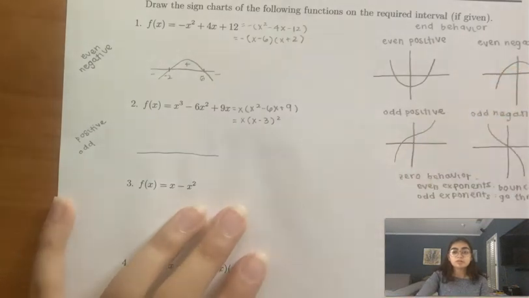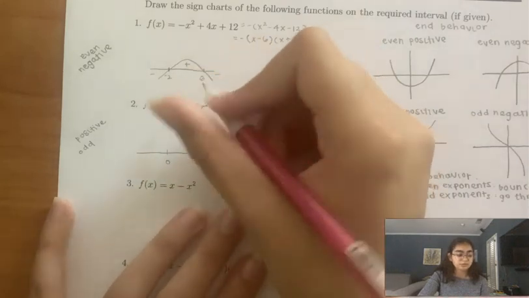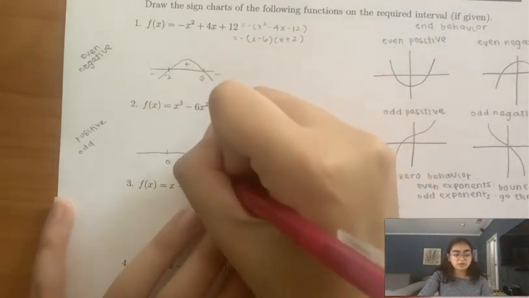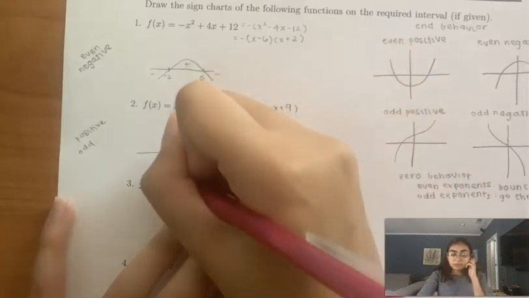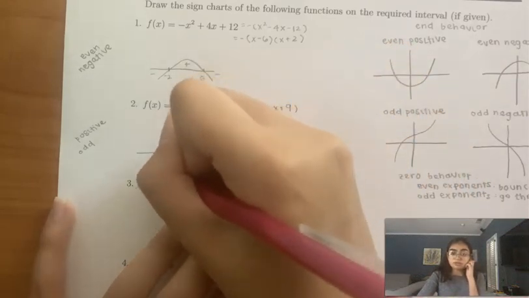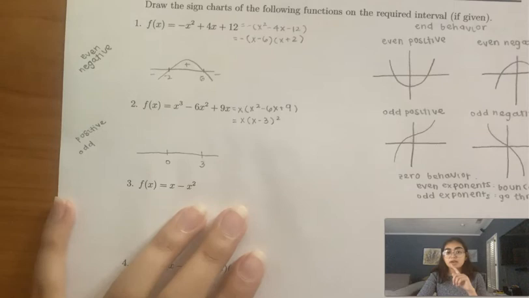So if we glance over, we can see what the end behavior is going to look like. It's going to start negative, and it's going to end positive. So we're going to write down our zeros on the number line first. And since the exponent of x is 1 and it's an odd number, the function is going to cross through at 0 and go to the positive side of the number line. And then it's going to come back down and actually bounce at 3.